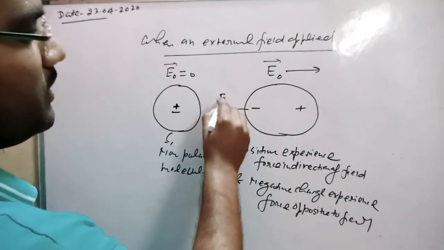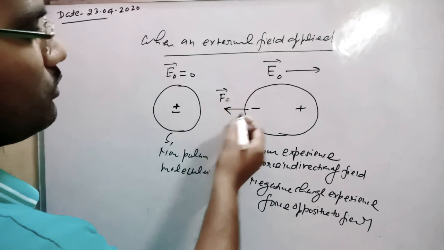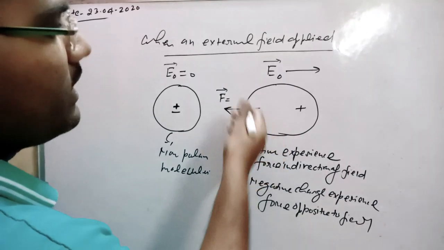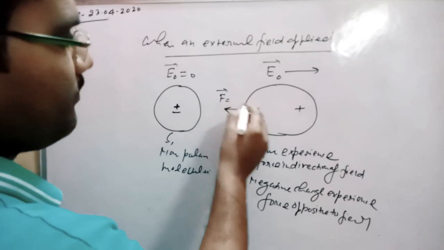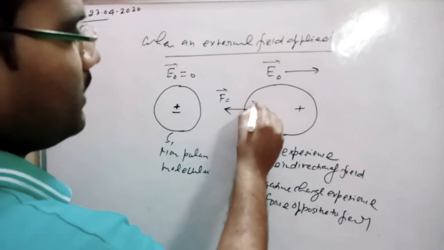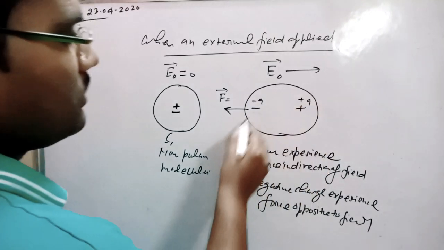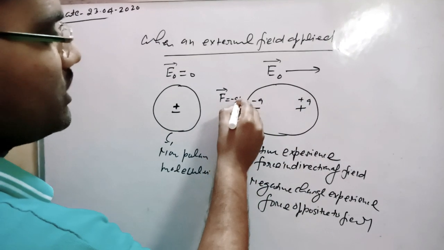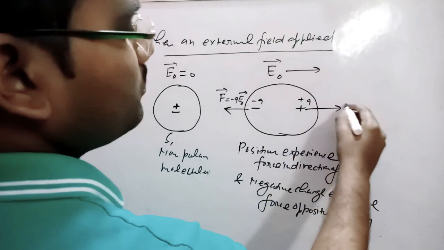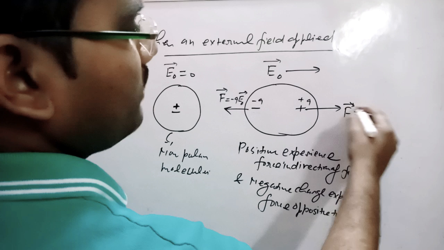Here it experiences a force F. We take any amount of charge: this one is minus Q, this one is plus Q. This minus Q charge experiences force opposite to the field and this positive charge experiences force in the direction of the field.